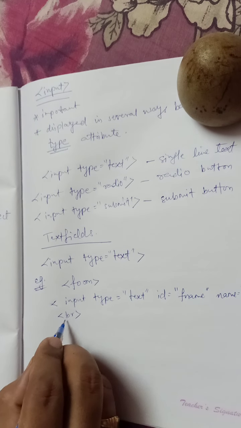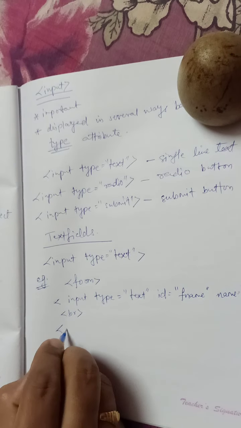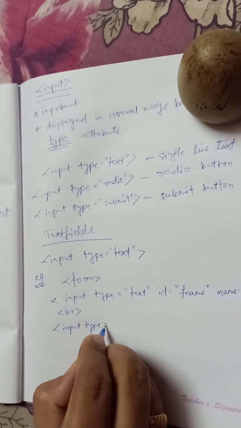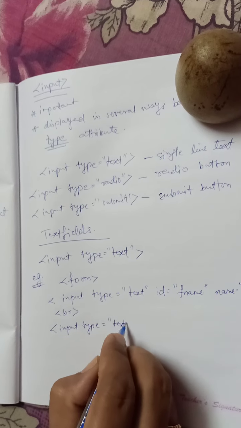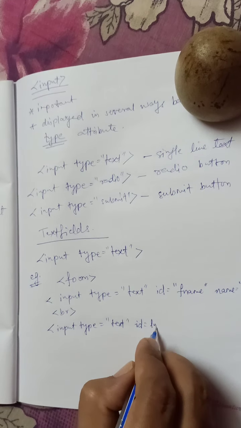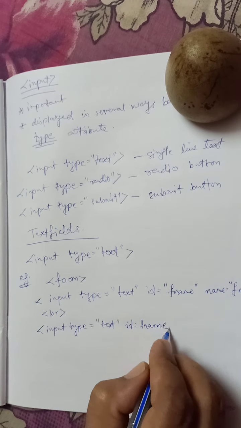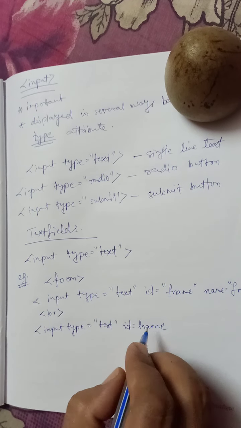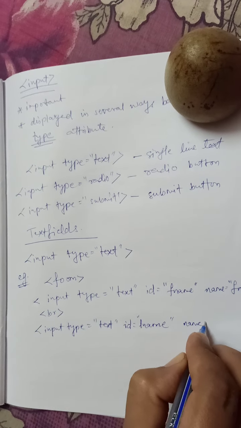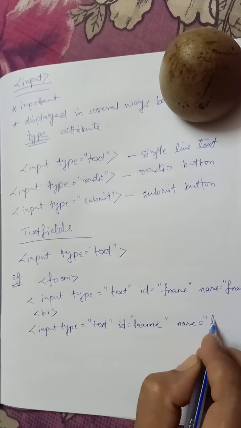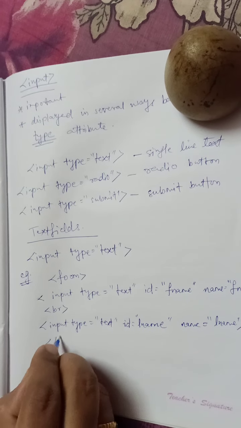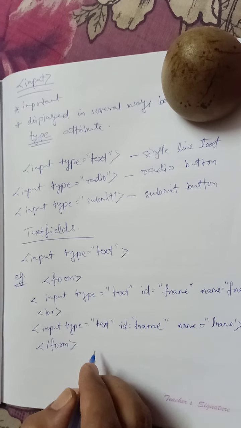This is for new line. I am designing another text box. So id I am giving as lname, that is your last name. Name also, suppose I am keeping it same, and I am ending my form.